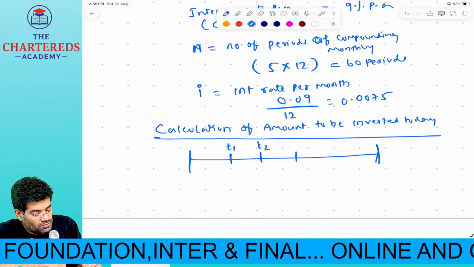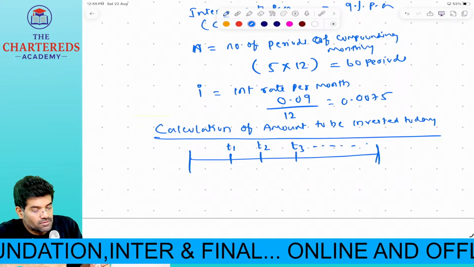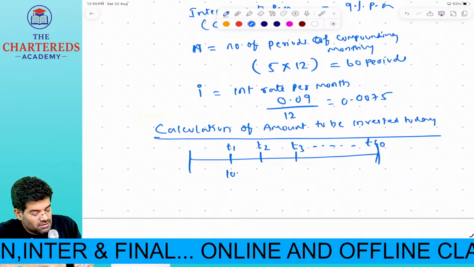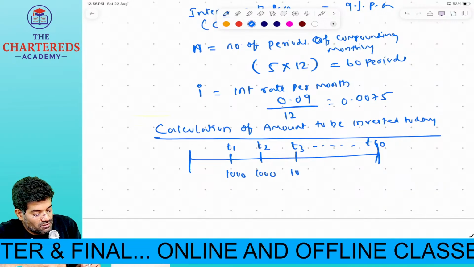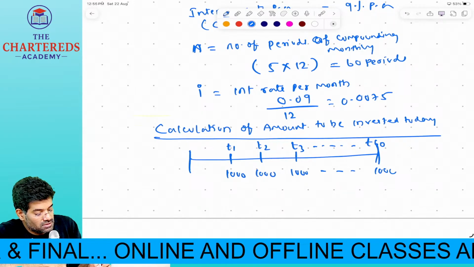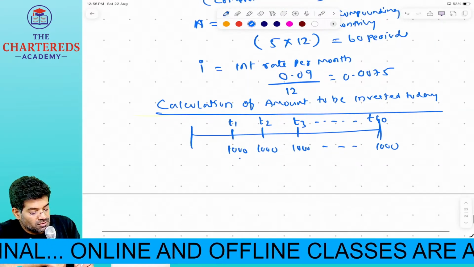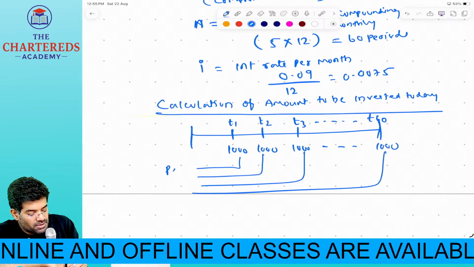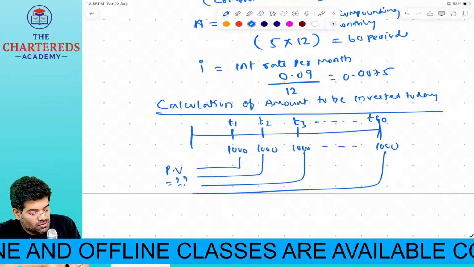T1, T2, T3, so on up to T60. 1,000, 1,000, 1,000, so on. 1,000. So what rate if you discount present value? Question mark. This is what you have to find out.